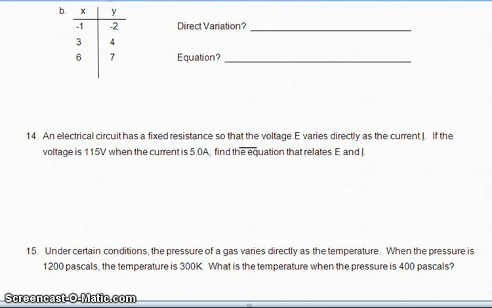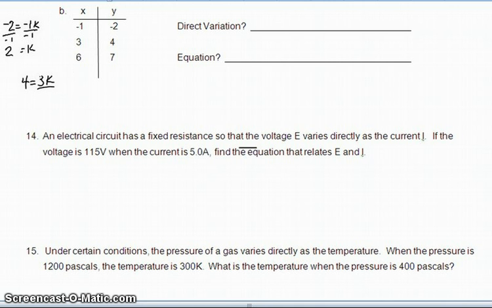All right. Do we have a direct variation? I'm going to use y equals kx, so I have -2 equals -1k. Divide both sides by -1. My first constant for my first set of ordered pairs is 2. I'm going to go to my second set and I have 4 equals 3k.